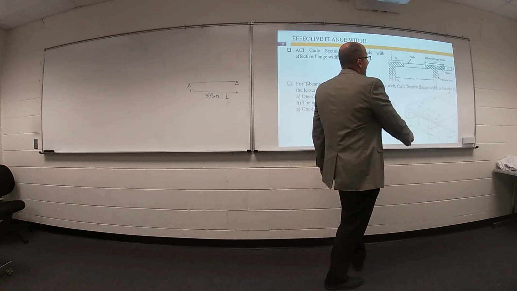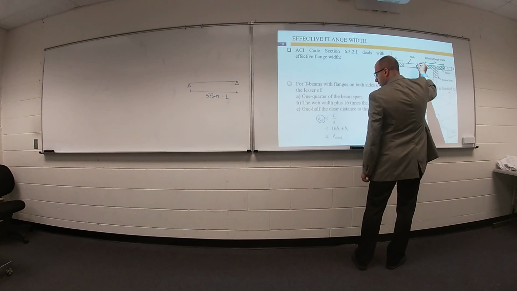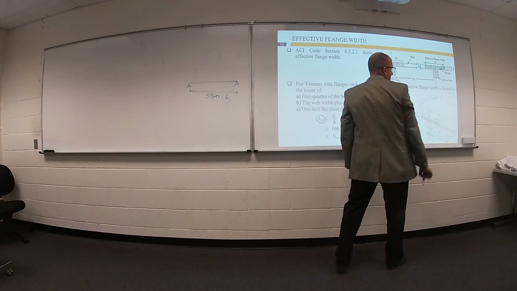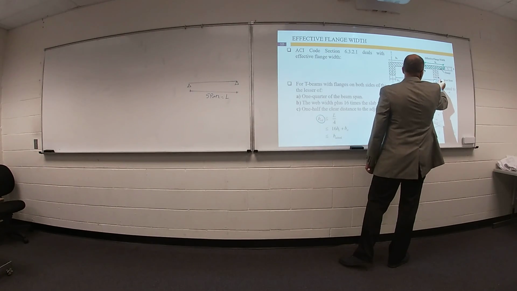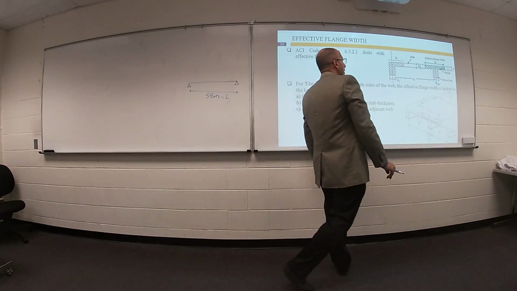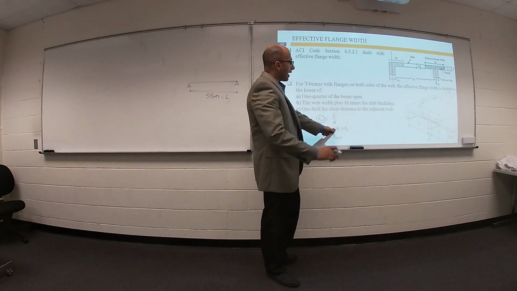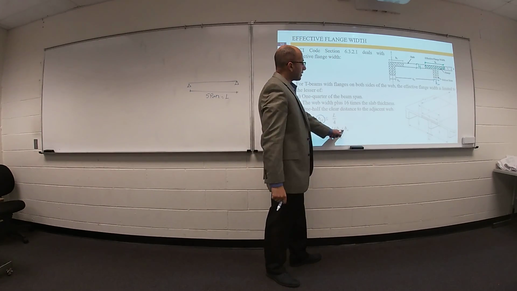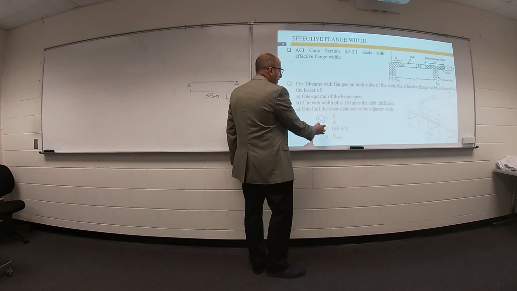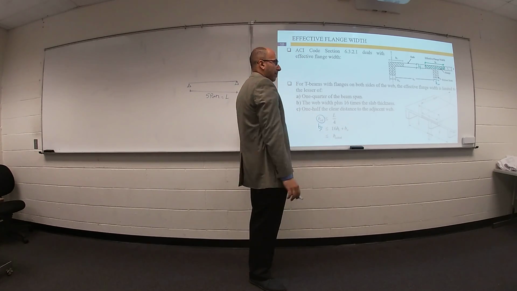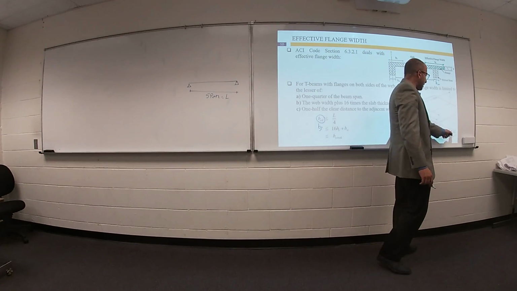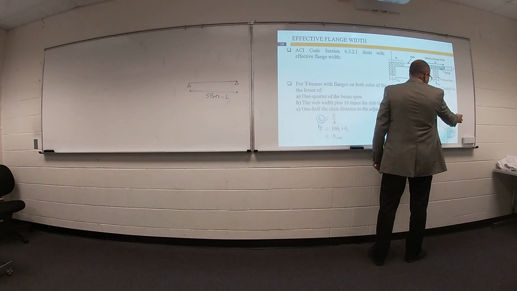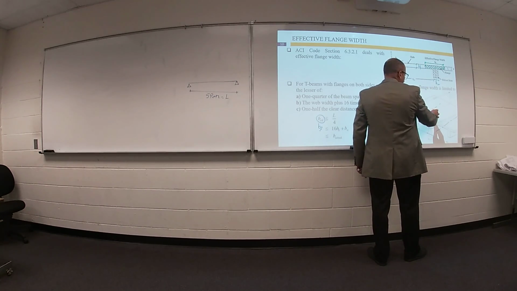Your slab has a thickness called hf, and your beam has a width b web. If you multiply 16 times slab thickness plus b web, you will get another value for b flange. This beam and this beam and this beam, each beam has a distance between the adjacent beam from center line to center line.